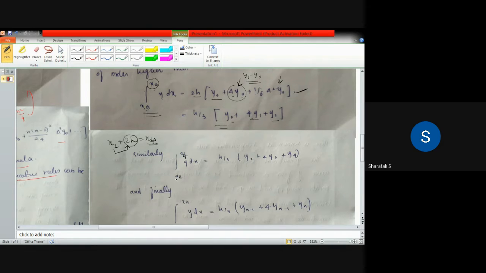Next integration will be from x2 to x4 because your n equal to 2 here for Simpson's rule. So the integration from x2 to x4 of y dx will give you h by 3 times y2 plus 4y3 plus y4.